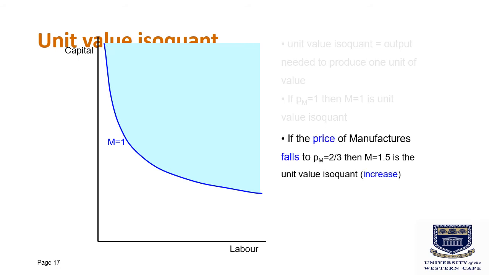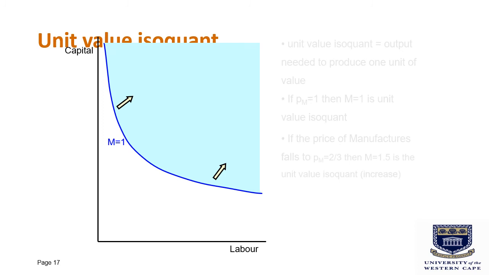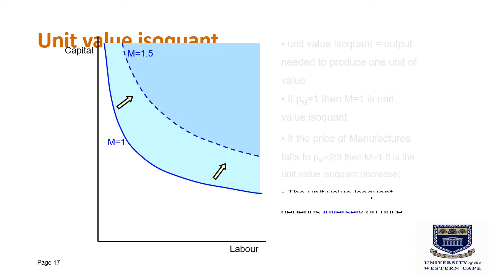So what happens if we change the price to 2/3? If we change the price to 2/3 and we want a unit value isoquant, then we need to make M 1.5, because 2/3 times 1.5 equals 1. So an isoquant of unit value means price times the M value has to be equal to 1.